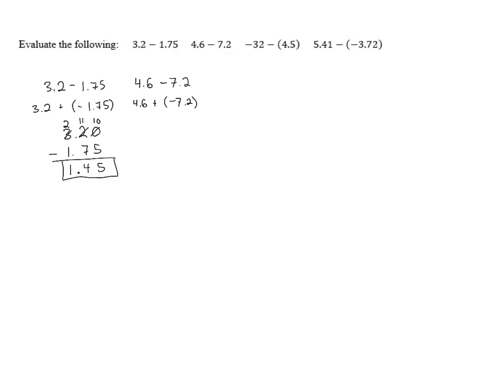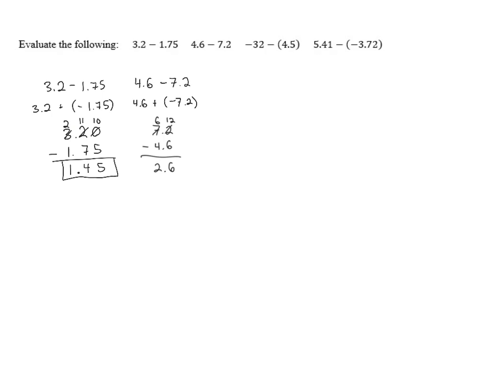Anyway, we've got 4.6 plus negative 7.2. They have different signs, so we take the difference. When we set up the subtraction, we line up the decimal points and put the larger number first, because it's a subtraction. And then we subtract. We'll need to borrow. 7 becomes a 6, 2 becomes a 12. And then we perform the subtractions. 12 minus 6 is 6. 6 minus 4 is 2.